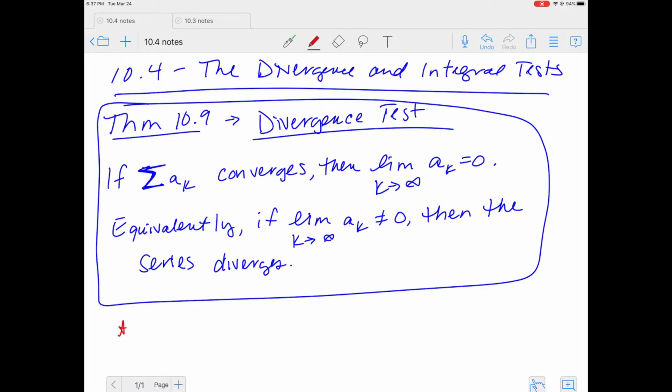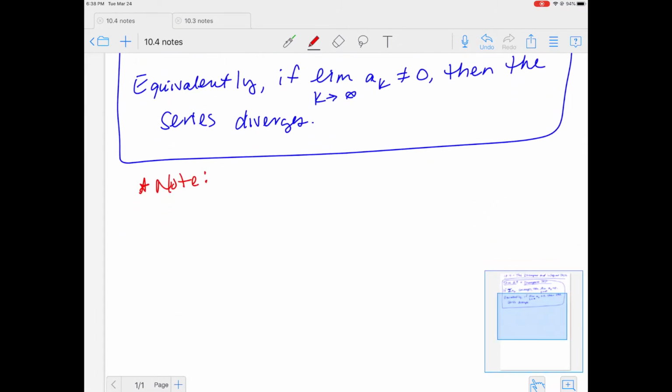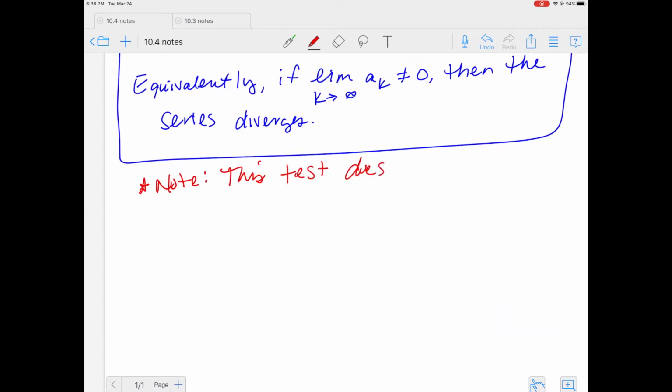If, note, this is a big one. This test does not determine convergence. Only.